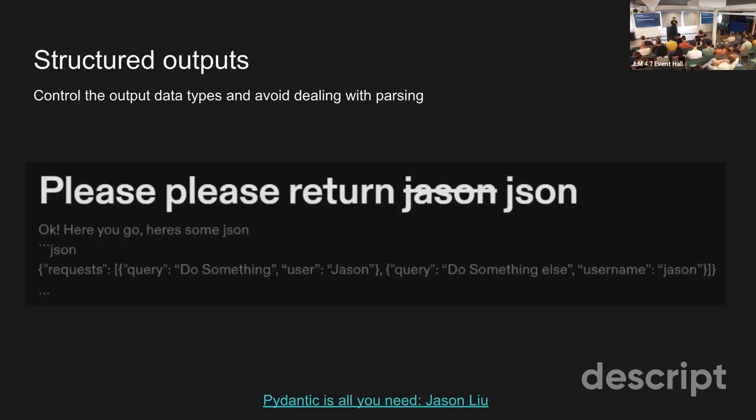So right now, if you want, for example, JSON, what people used before structured outputs is just say, okay, LLM, please give me the JSON, and hope that the JSON will be good. Or say some stuff like, if you don't give a correct JSON, I will take a life, or stuff like that. And people actually committed this kind of code. So we don't want to do stuff like that.